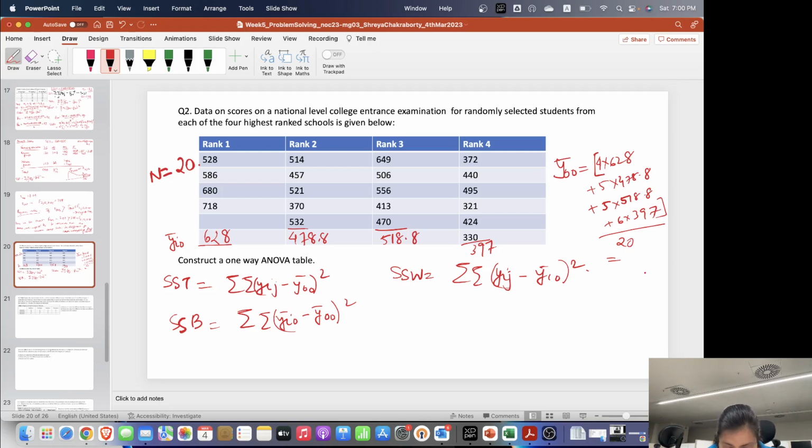I think there's some mistake here. Can you recheck? This should come out to be something around 494.1. Can you please check if you are getting this?